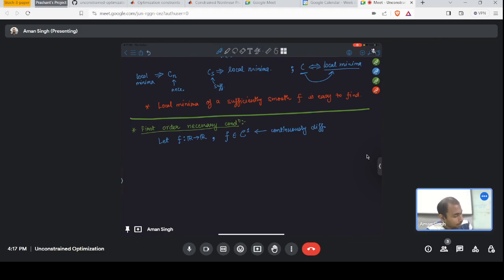Then, if we consider an optimization problem, minimum over x of f(x), and x belongs to R, unconstrained optimization: if x star is a local minimum of f, then f dash x star equals 0.